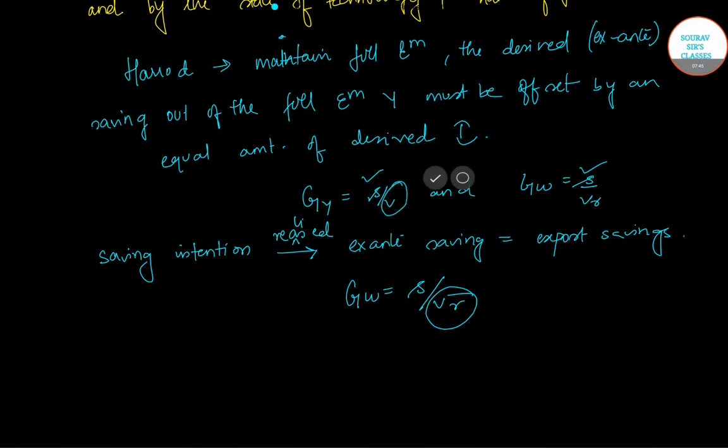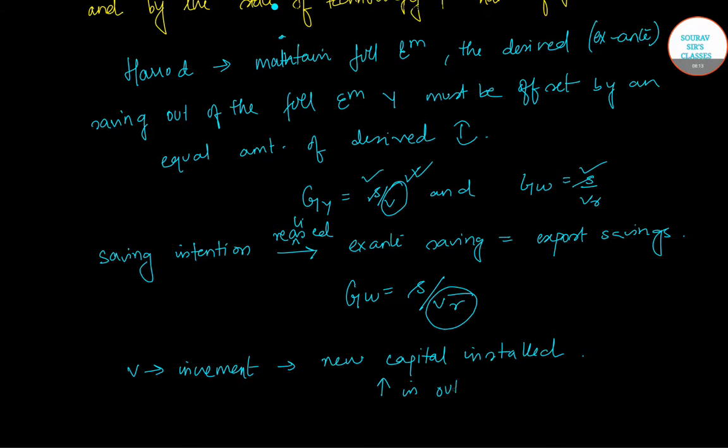Now we have already denoted that this V shows the increment in the amount of new capital that has been installed during a period, divided by the increase in output that is actually obtained from it during that period.